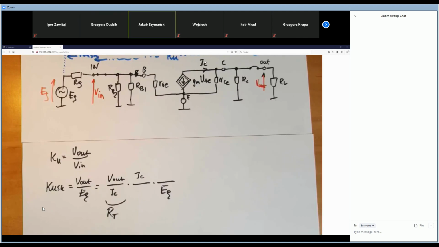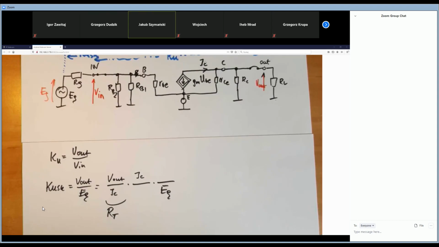IC divided by phi t. No, but I mean the definition. From definition, GM is equal to the change in momentary current divided by the change in voltage. Yeah, or for the fixed value, it is the IC over UBE.